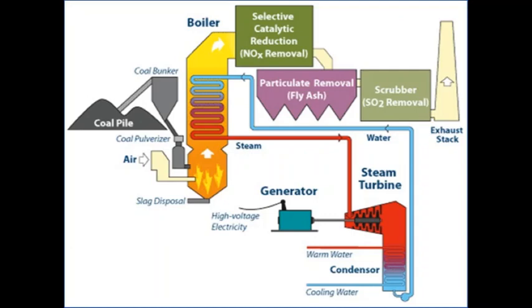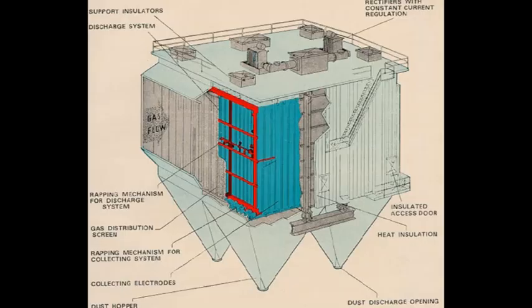The exhaust flue gas from the furnace, which is passing through the last heat trap, the air preheater, is then passed through a dust separation and collecting device.